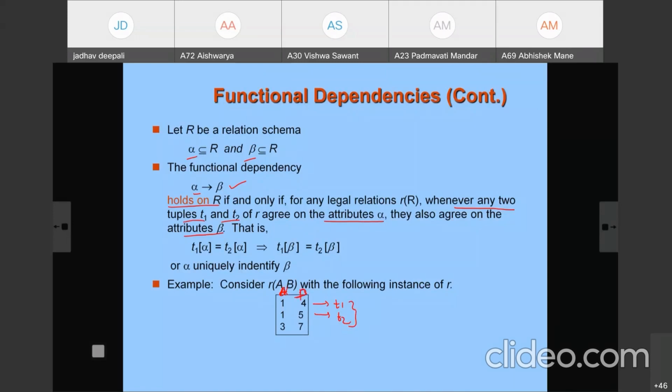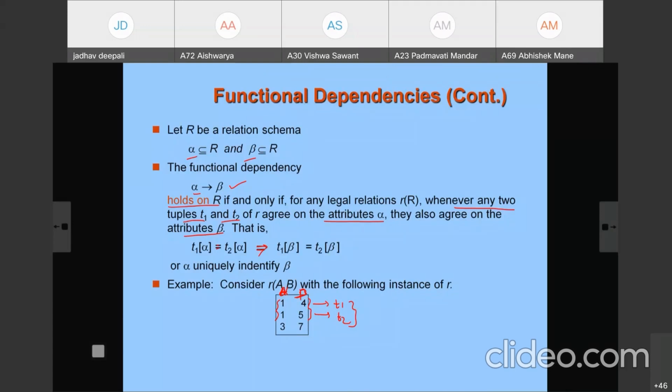If these two tuples agree on alpha, then they must agree on beta also. That means T1 alpha is equal to T2 alpha implies that T1 beta is equal to T2 beta.